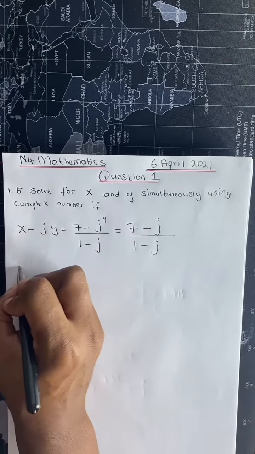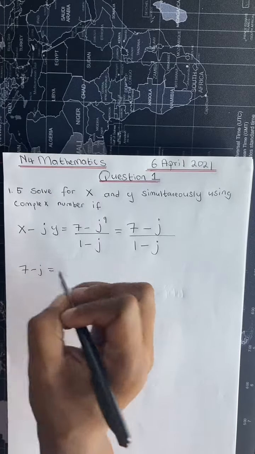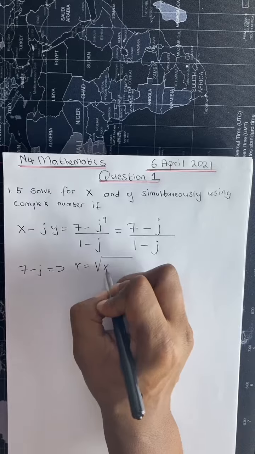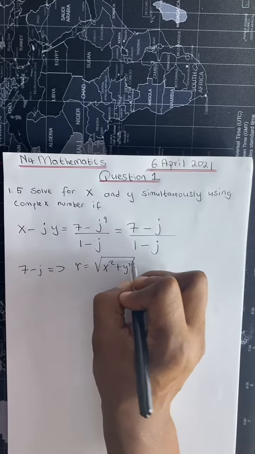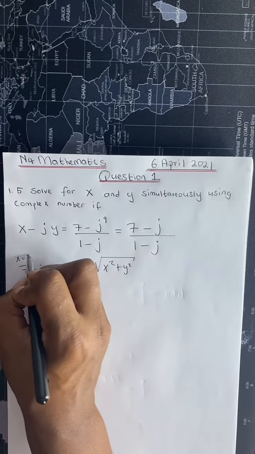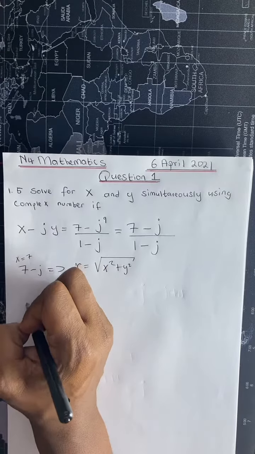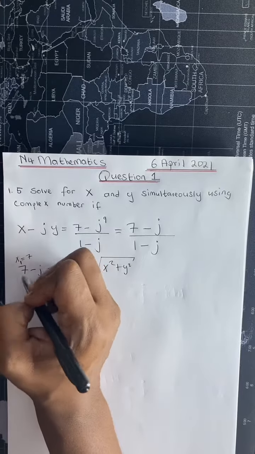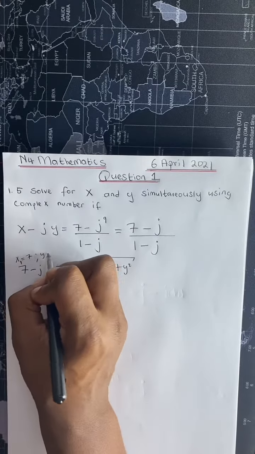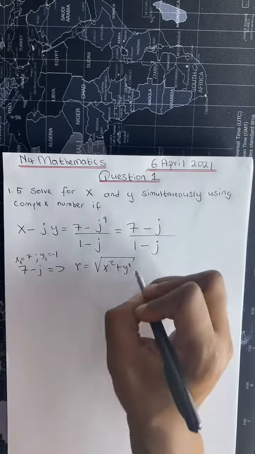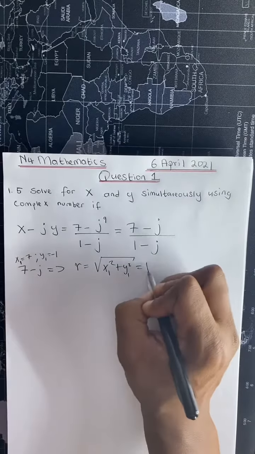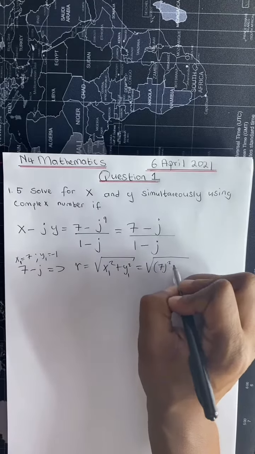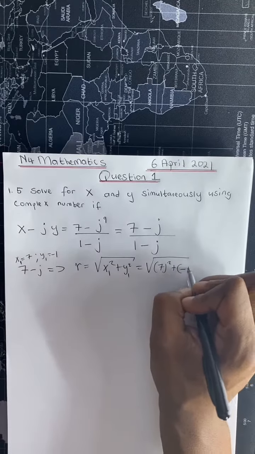So let's start with the 7 minus j. We convert this to polar form. So our r will be equals to the square root of x squared plus y squared. In this case, x is equals to 7. So let's name this x1 because we already have x, and y1 here will be equals to -1. So we have 7 squared plus -1 squared.